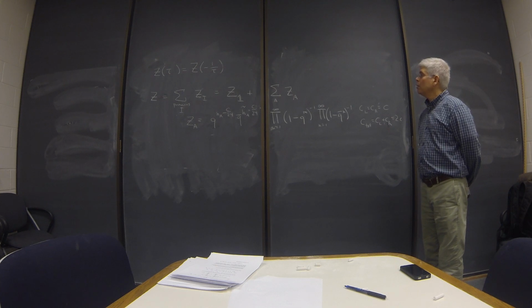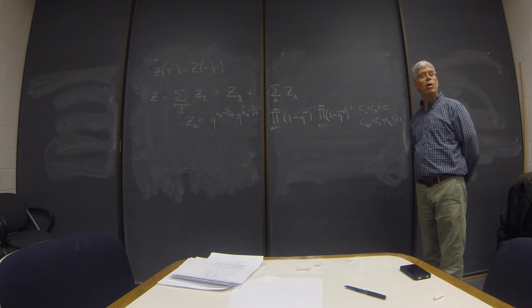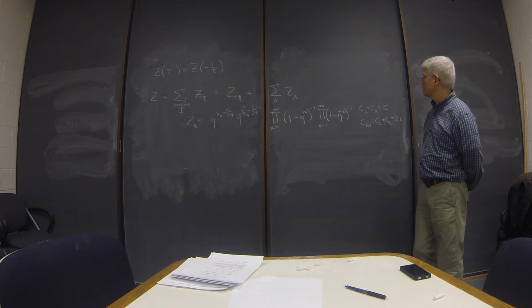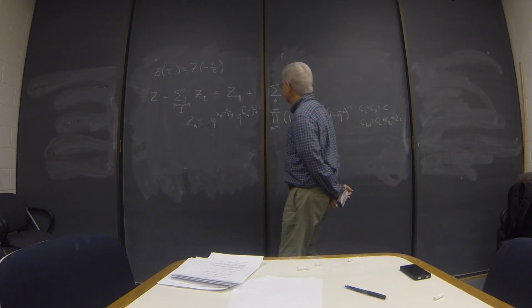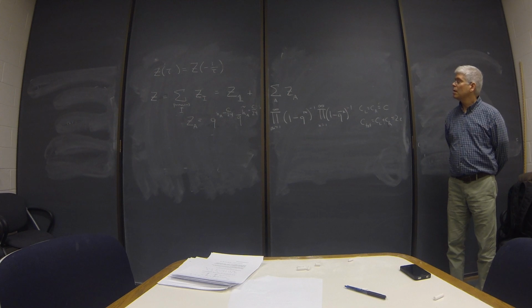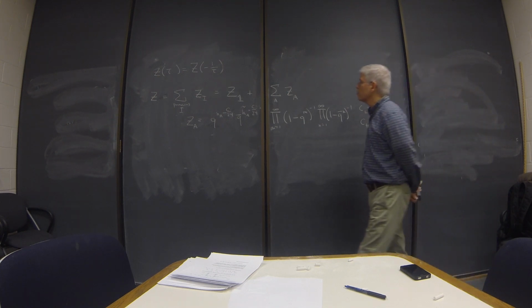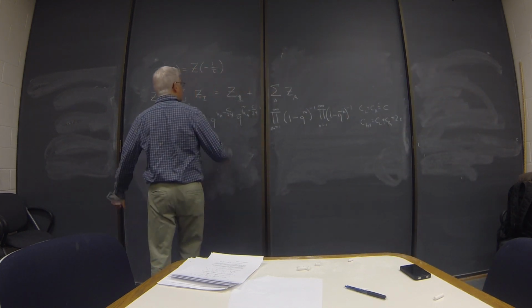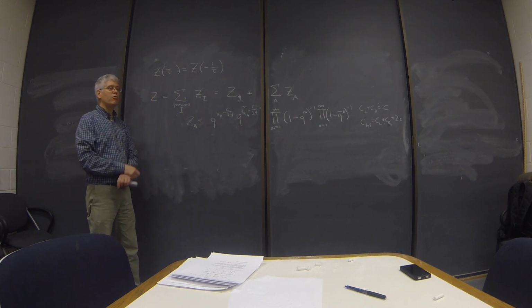And this has nice modular transformation properties. It's a modular form of some weight, and so this is always true. If there are null vectors, it's a little different among the null relations among the descendants.